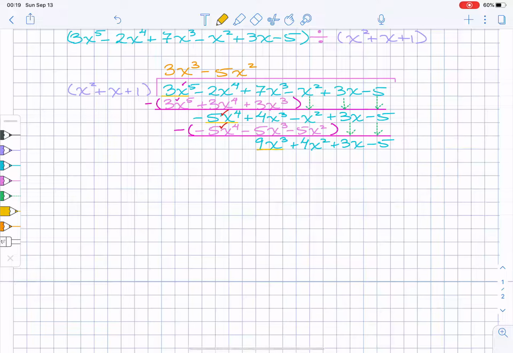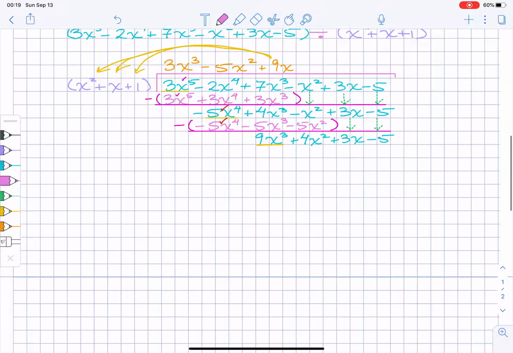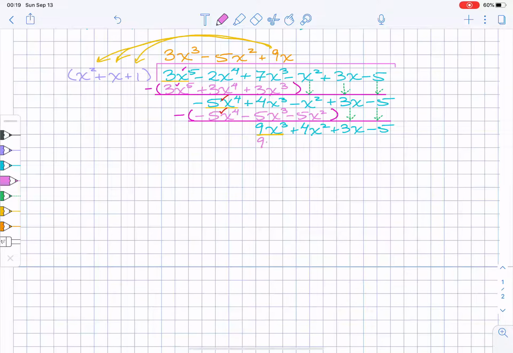I look at the first term here. What do I need to multiply x squared by in order to get 9x cubed? And I claim that that'll be 9x. So once again, I'm going to take that 9x and distribute it to every single term of the divisor. Okay, so what do we get? 9x times x squared is 9x cubed, as it should be.